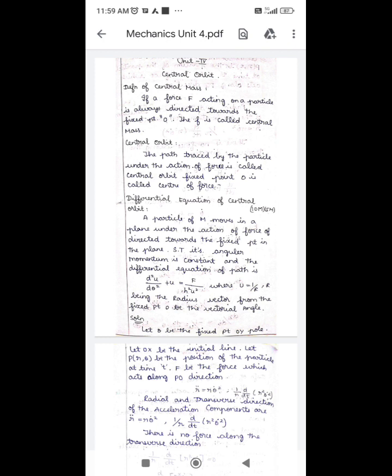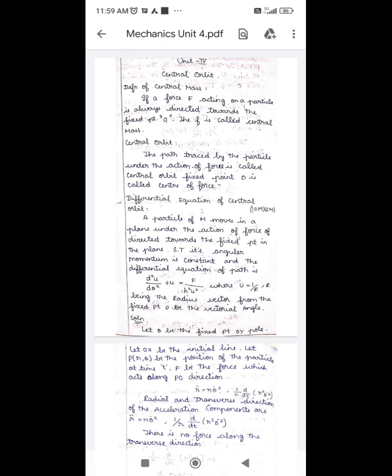A particle of mass m moves in a plane under the action of a force directed towards a fixed point in the plane. Show that its angular momentum is constant and the differential equation of the path is d square u by d theta square plus u equal to f divided by h square u square, where u equal to 1 by r, r being the radius vector from the fixed point O, and theta is called the vectorial angle.